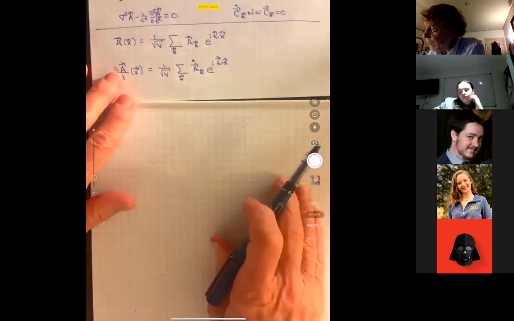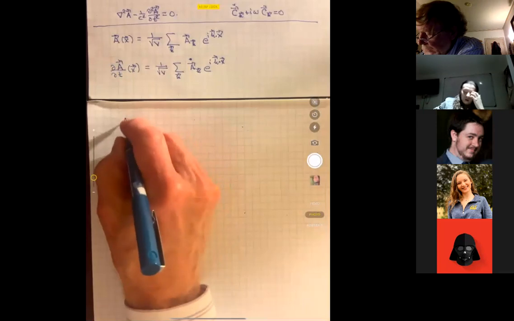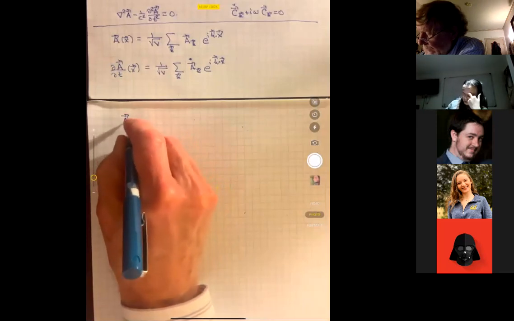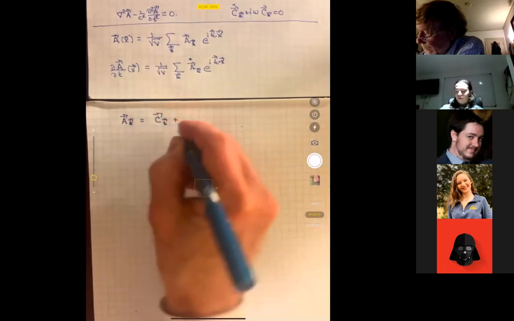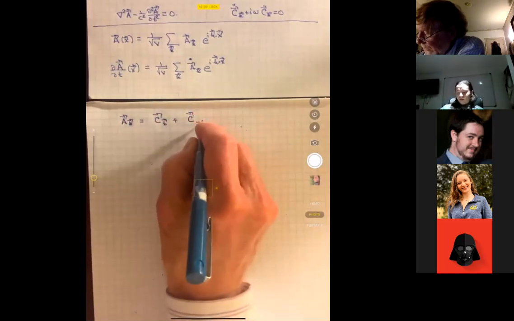Here's what we obtain if we do that. We get the following equations: A sub k is equal to C sub k plus C sub minus k complex conjugated.